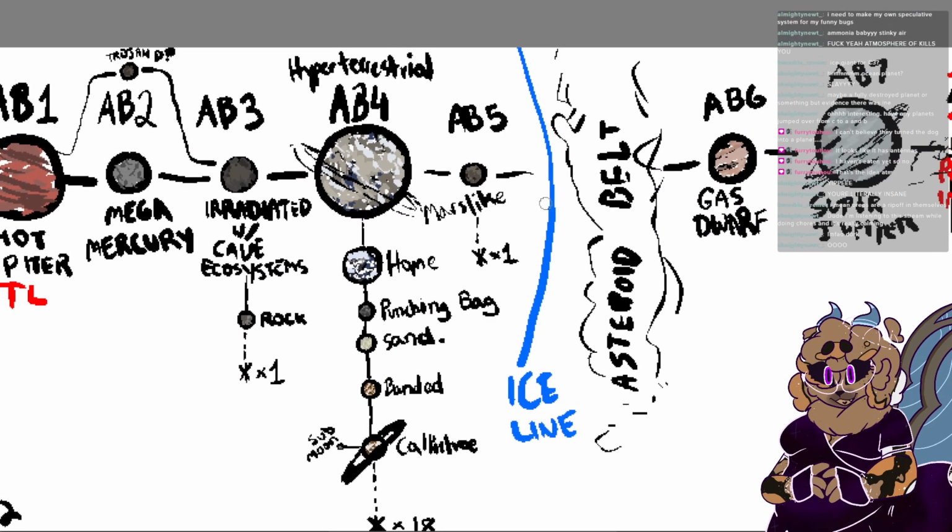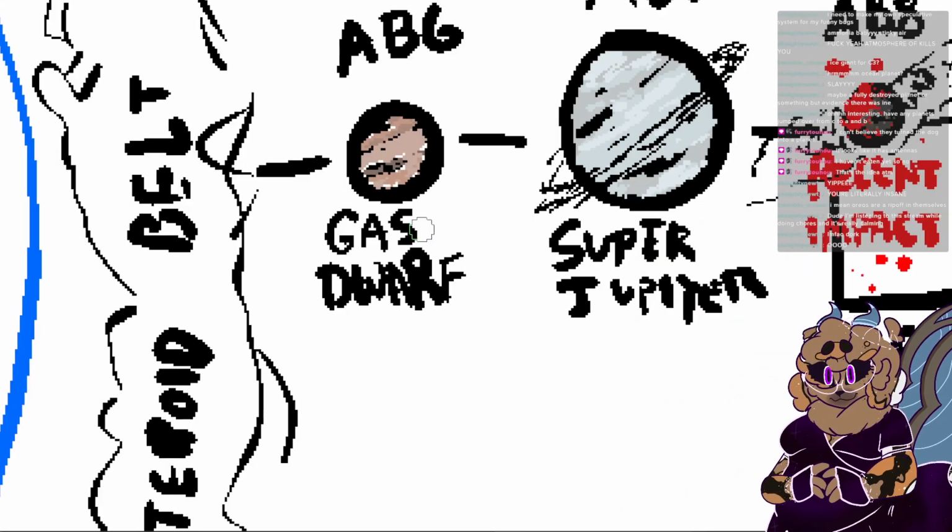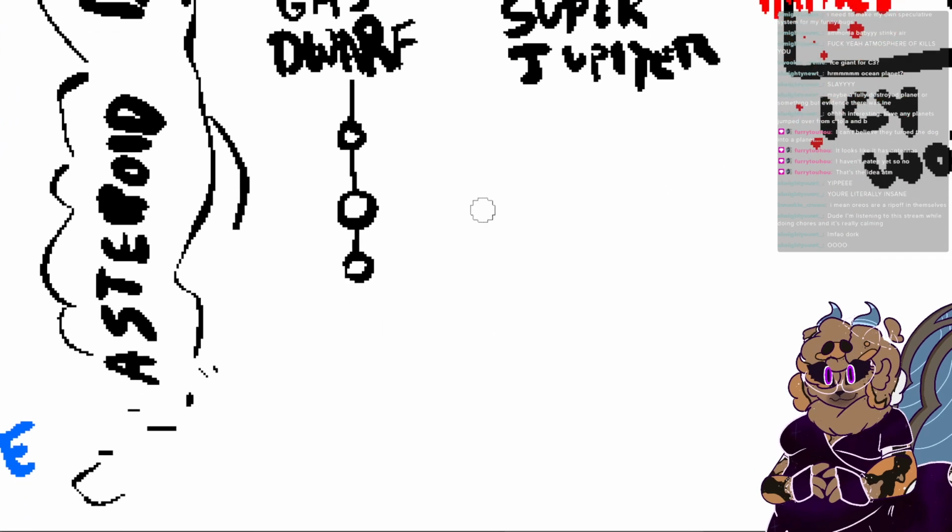Okay, so we've got all the inner system moons figured out here. The gas dwarf, I want the gas dwarf to have almost like a miniaturized version of the Jovians. I want there to be a little volcanic moon, a big icy moon, and then a slightly less big icy moon.